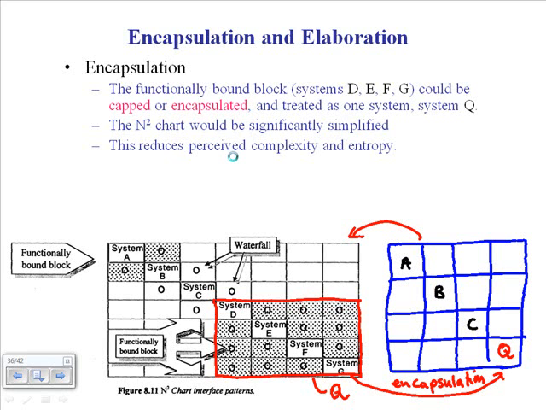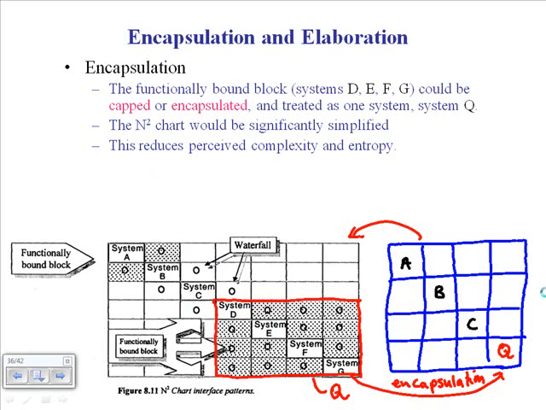If you are drawing n squared charts, you don't have space. You can actually draw an n squared chart on several pages. You can start with this one, and then you go to the next page. You may just focus on Q, or you may focus on this whole system.